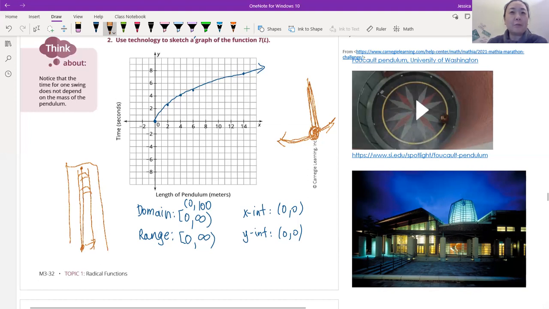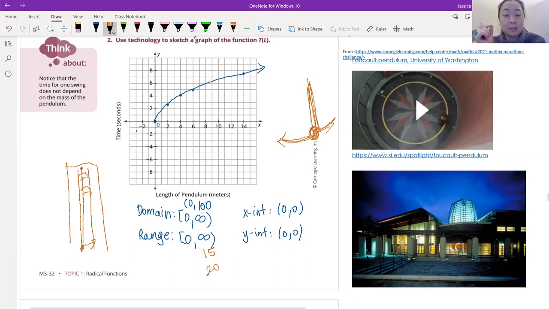So we're probably thinking maybe 15 seconds, 20 seconds, right? The longer the pendulum is, the longer it would take to swing from side to side, because the radius is longer. It's just a circle. All right, X and Y intercepts are just going to be at 0. And so what does that mean?